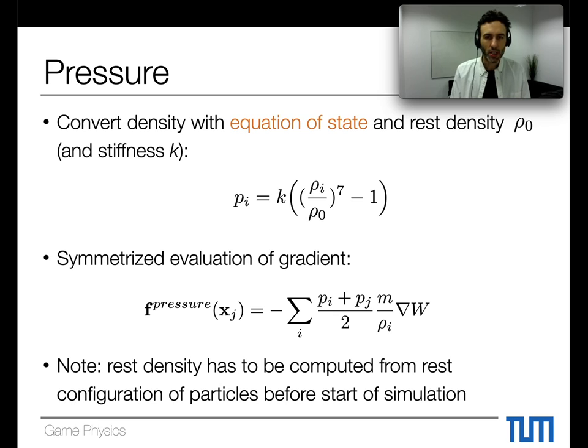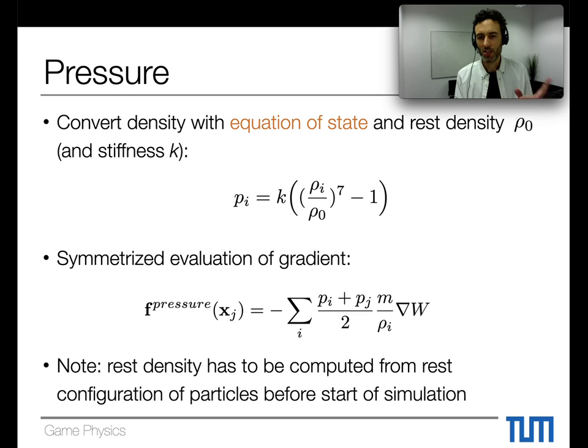Yeah, so for pressure, what we need is a so-called equation of state. It typically looks something like this here, and why this is needed is we basically need to convert the density values that we have on our particles.